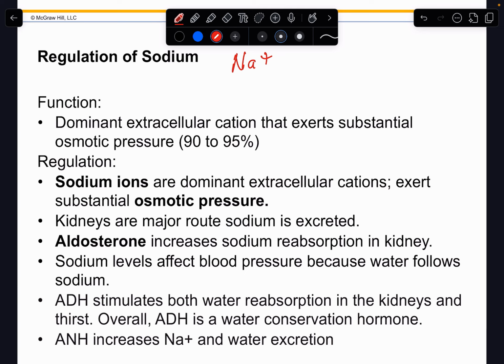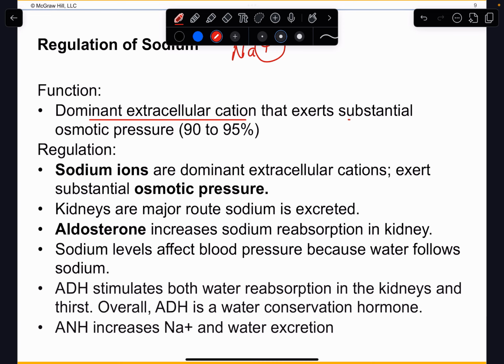This is the dominant extracellular cation. Cation because it's what? Positive charge. This accounts for 90 to 95% of osmotic pressure.